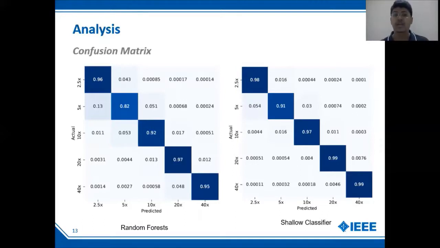As a result, it becomes evident that images get misclassified in the adjacent magnification levels. For the random forest, the correct classification for 5x stands at only 82%. As a result, most of the misclassifications for random forest are also in the adjacent classes.